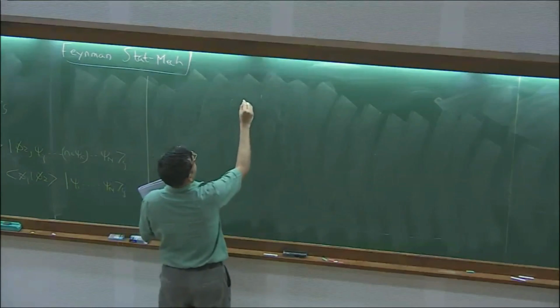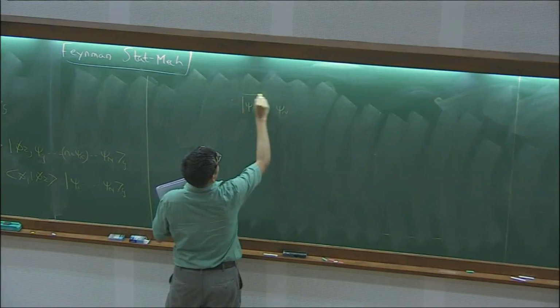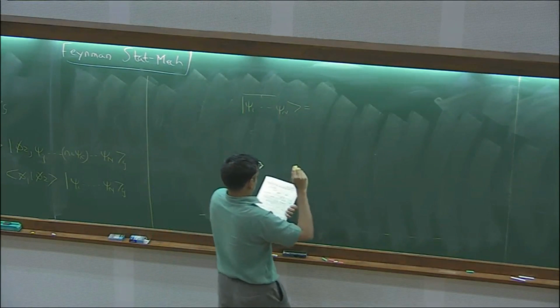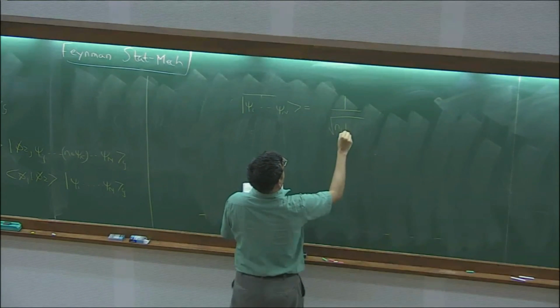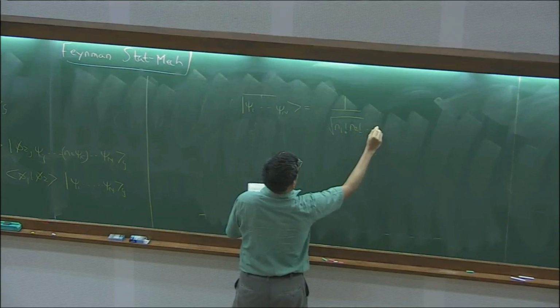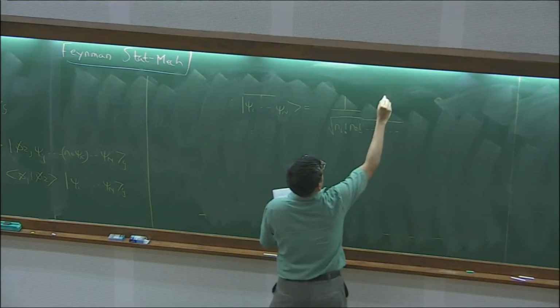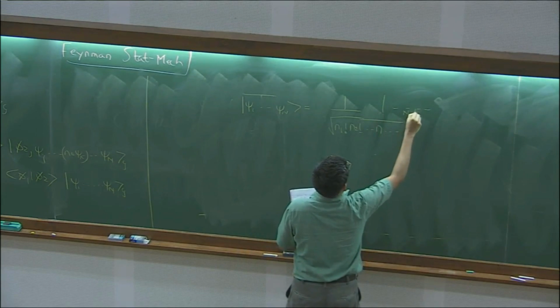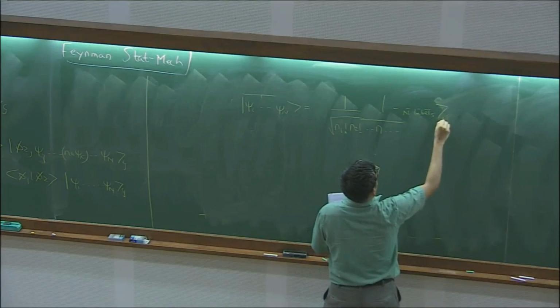So my normalized bosonic state psi 1 up to psi n was 1 over square root of n1 factorial n2 factorial and so on, times the sum over labels.